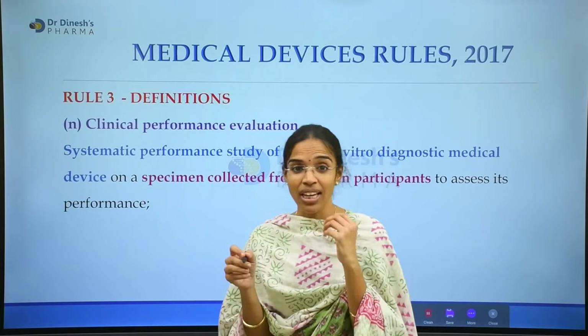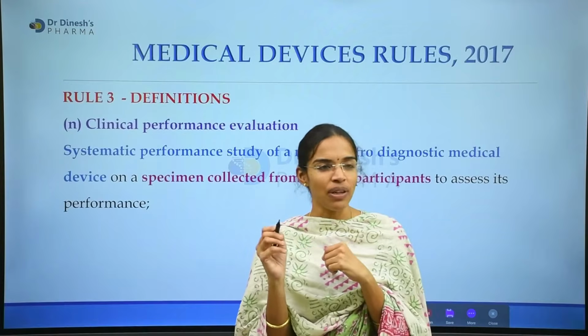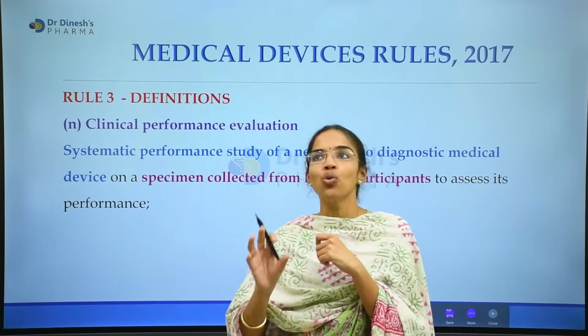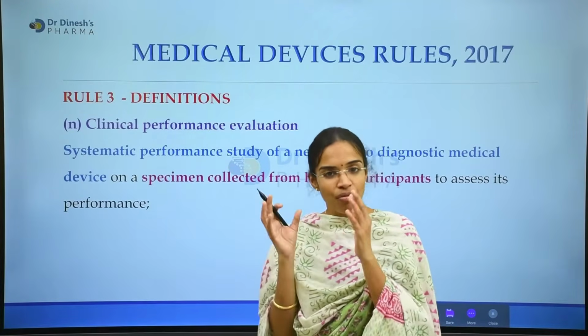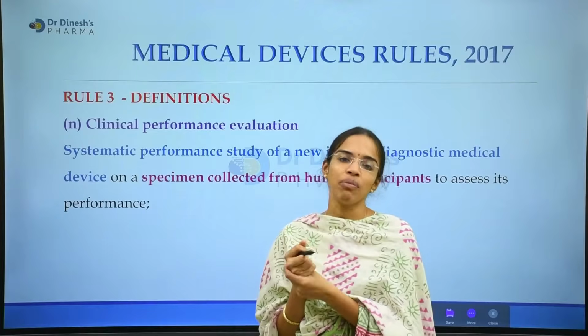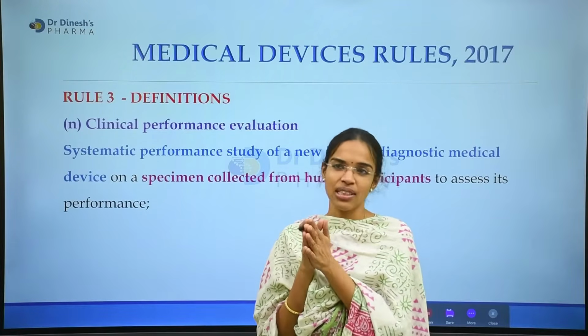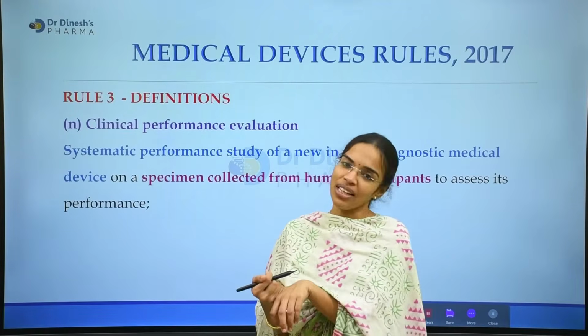We are going into the details because whenever you get a question from these definitions, we should not miss it. Once we understand each of the differences and each term clearly, there is less chance of making mistakes.